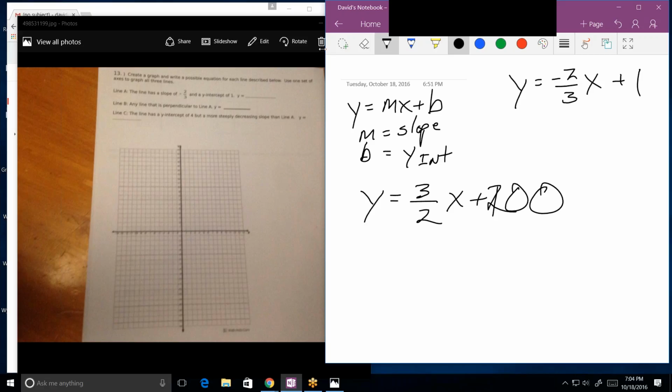Okay? So let's look at C. What does C say? The line has a y-intercept of 4, but a more steeply decreasing slope than the line A. A more steep. So let's talk about slopes first of all.